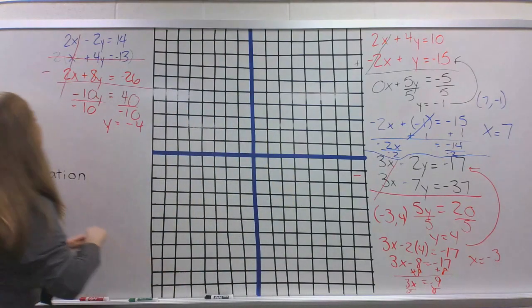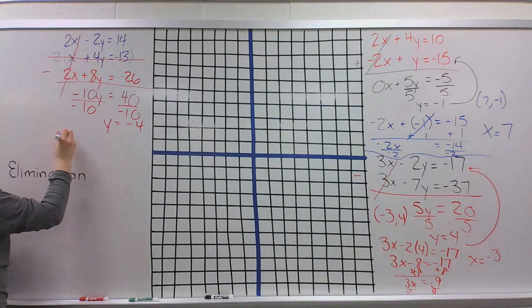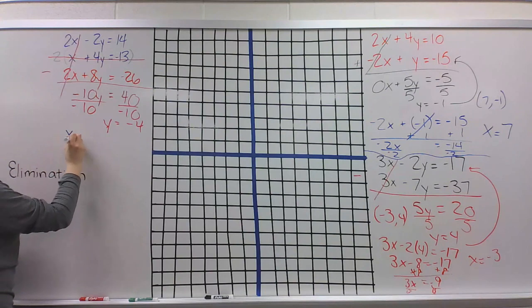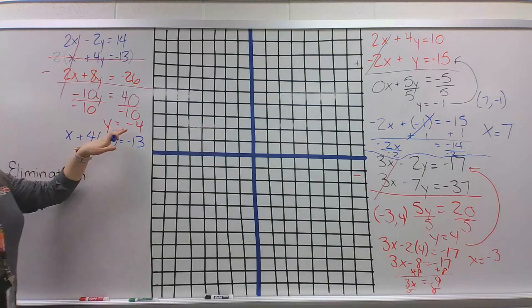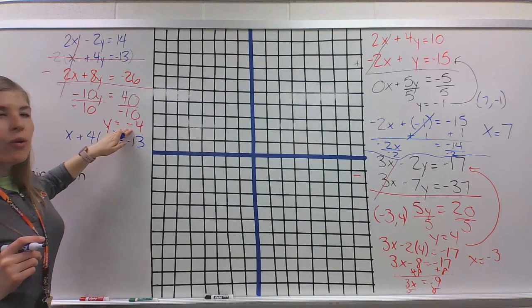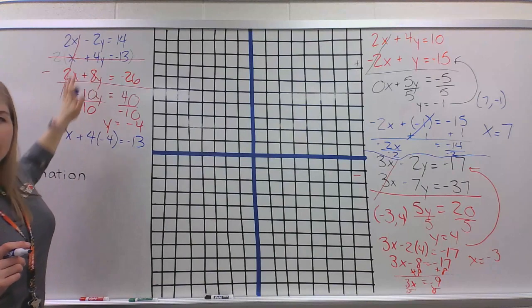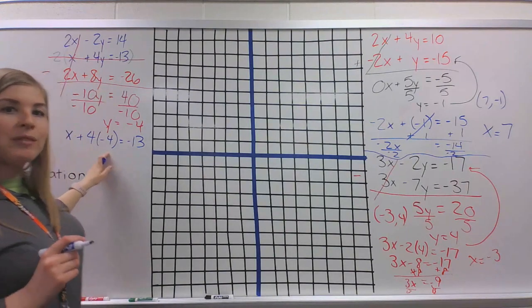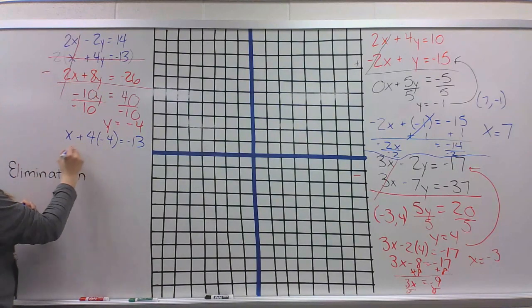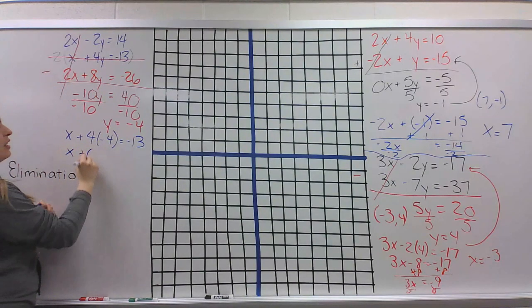x plus 4 times negative 4 equals negative 13. So notice I just plugged negative 4 in for y. So it was 4 times y, and now I have 4 times negative 4. So I'm going to multiply that out.